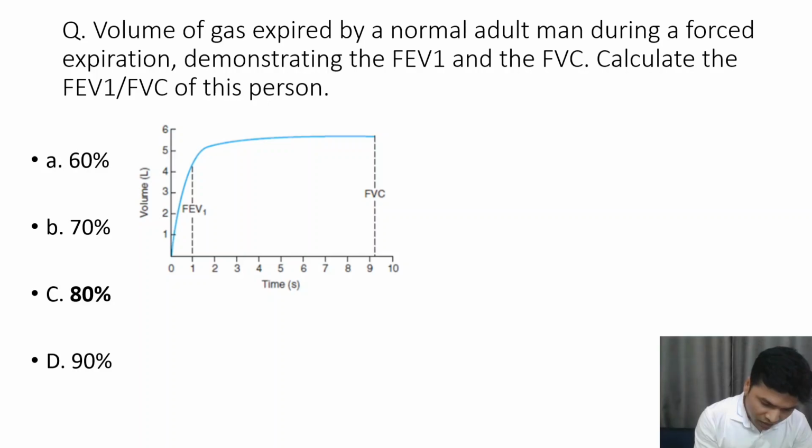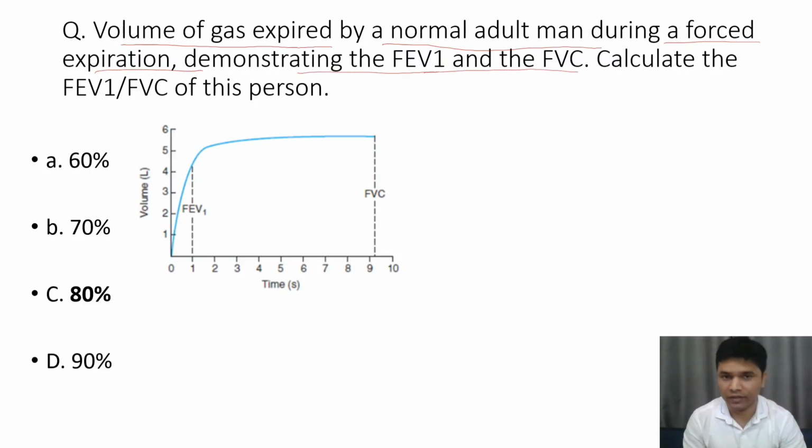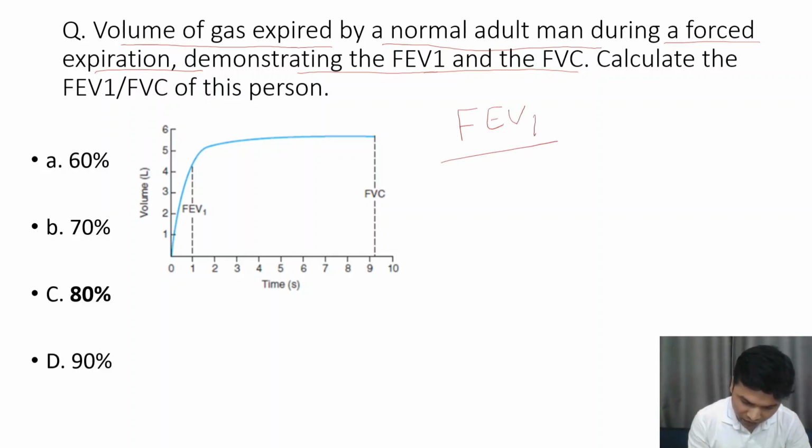Here, the volume of gas expired by a normal adult man during a forced expiration, demonstrating the FEV1 and FVC. FVC is forced vital capacity, and FEV1 is the forced expiratory volume in the first second.